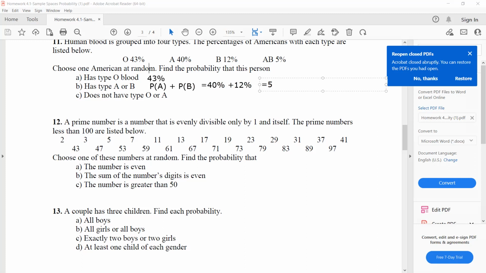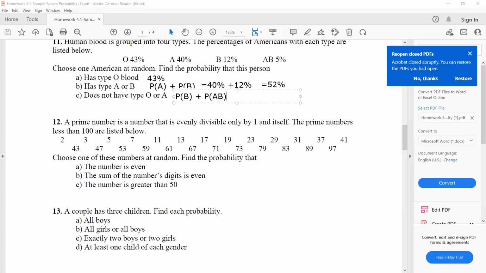Now C, be careful of the way it's worded. Tell me what you think for C. Does not have types O or A. 17%. Right, because I would be using B and AB in this case. So here I'm going to use the probability of B and AB.